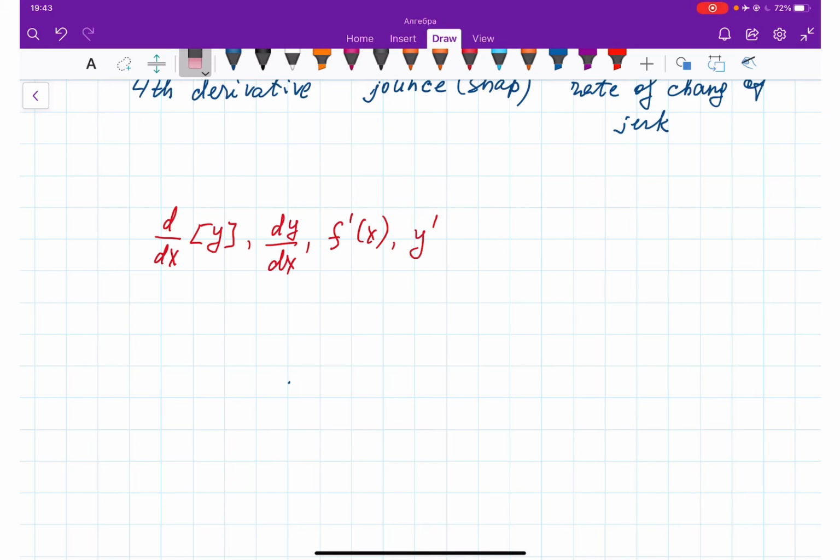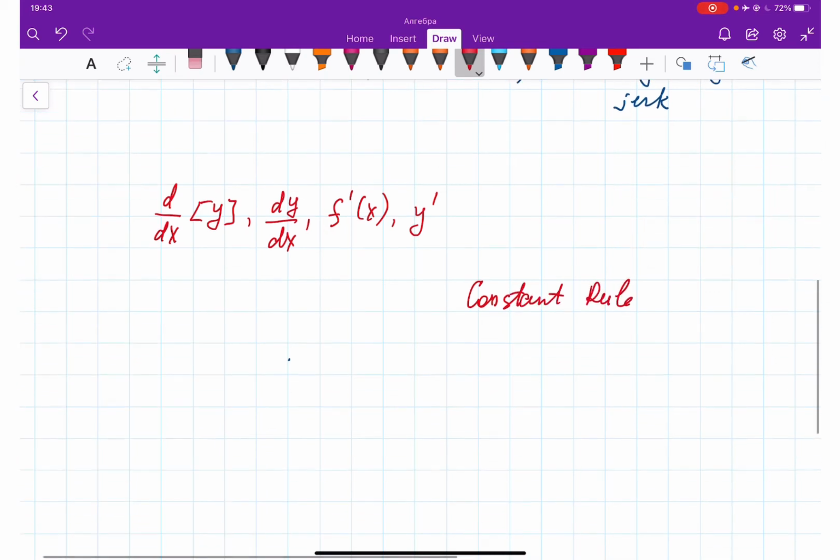Let me write it down here. The constant rule says if you take the derivative of a constant by x, it's going to be equal to 0.